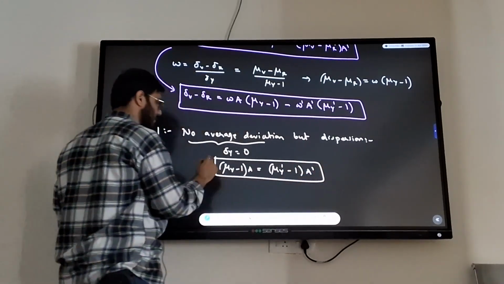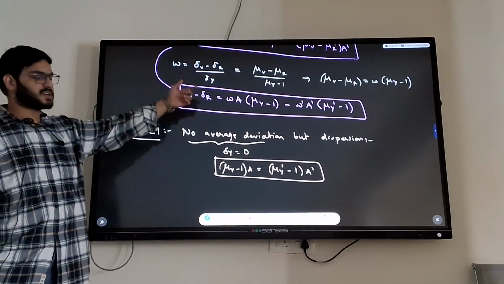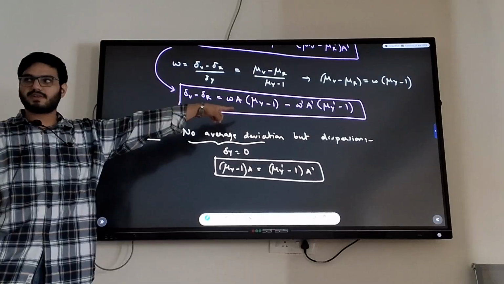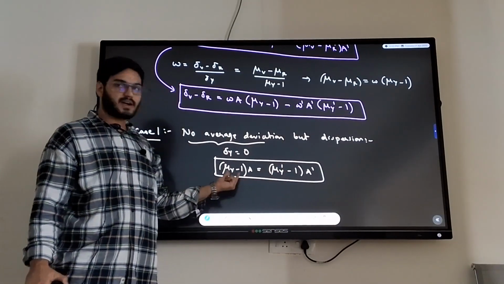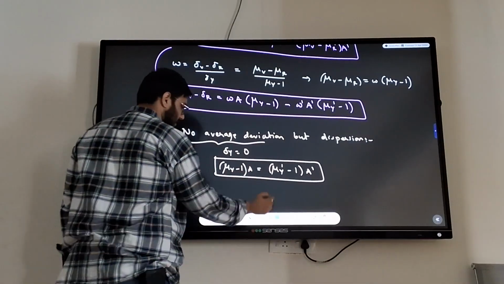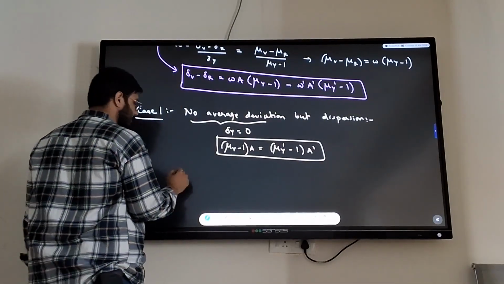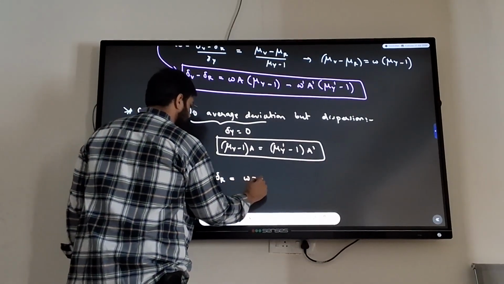Yes or no? But if we have this condition, then what does the dispersion become? Look at this equation now. I think I can replace this dash with the undashed thing. Yes. And what will I get then? Can I do it in one step? I will get something like this.